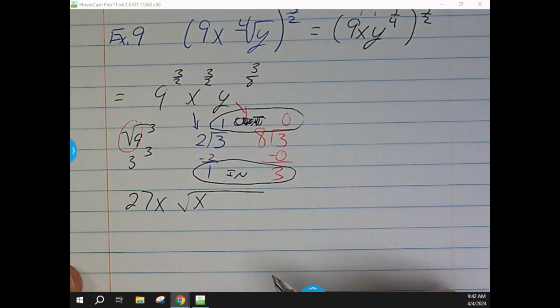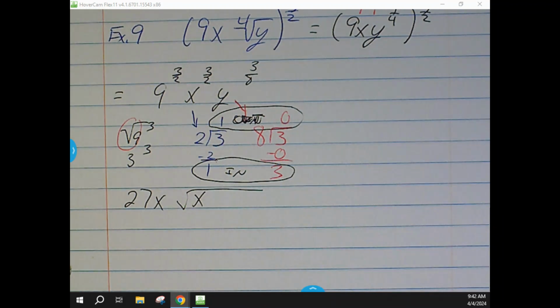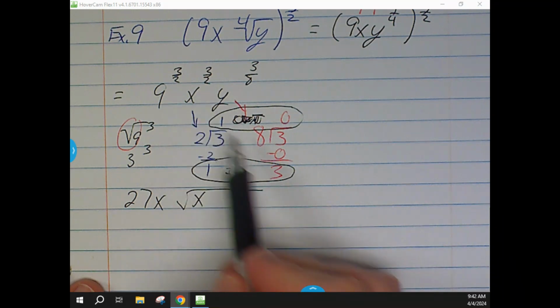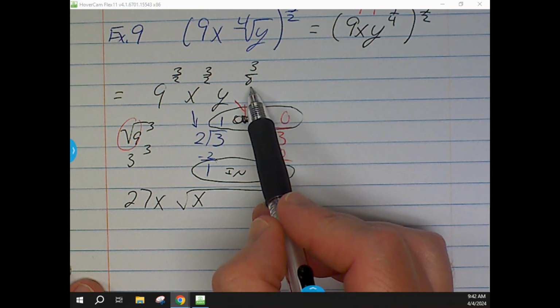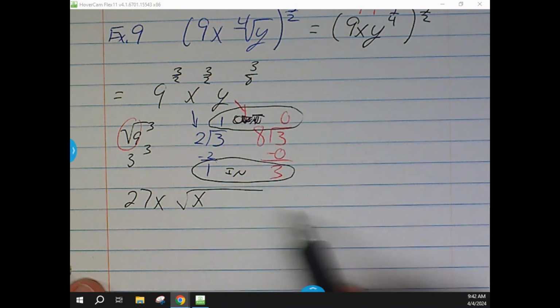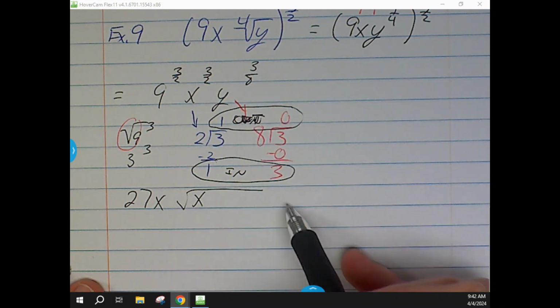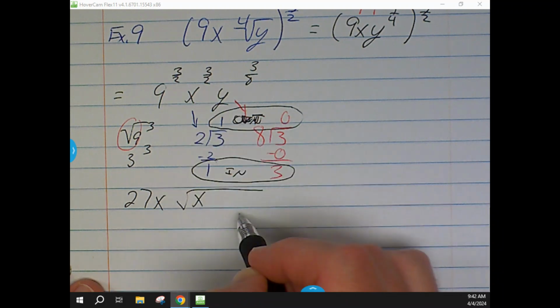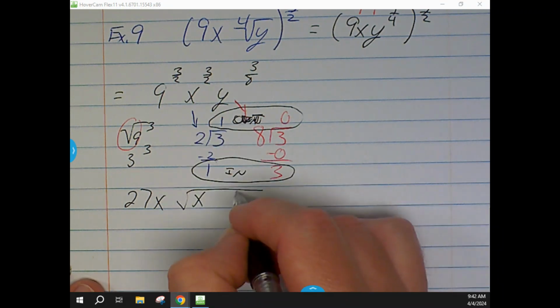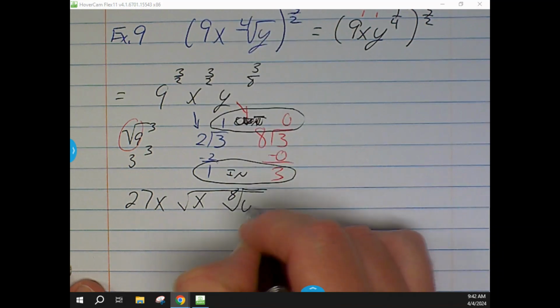Now here's the catch on this one. Before we were able to put all these things together, but this one is a square root, correct? And this one is an eighth root. So those two things are going to have to be separate. We cannot put it together as one big radical because this is a square root and this one is an eighth root. So we're going to do an eighth root of y to the third.